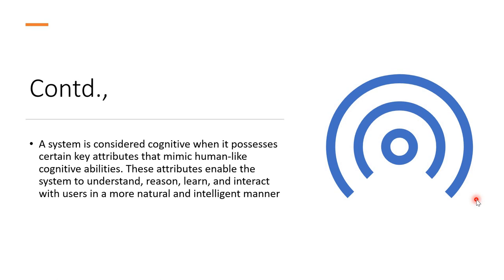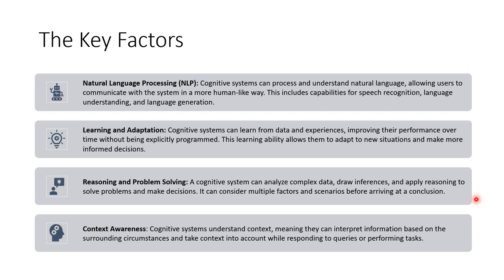These attributes enable the system to understand, reason, learn, and interact with users in a more natural and intelligent manner. This is the definition I reiterated here because we need the system to understand, reason, learn, and interact. When you do all this, it is cognitive. Well, let's list the key factors which are very important for a system to become cognitive.